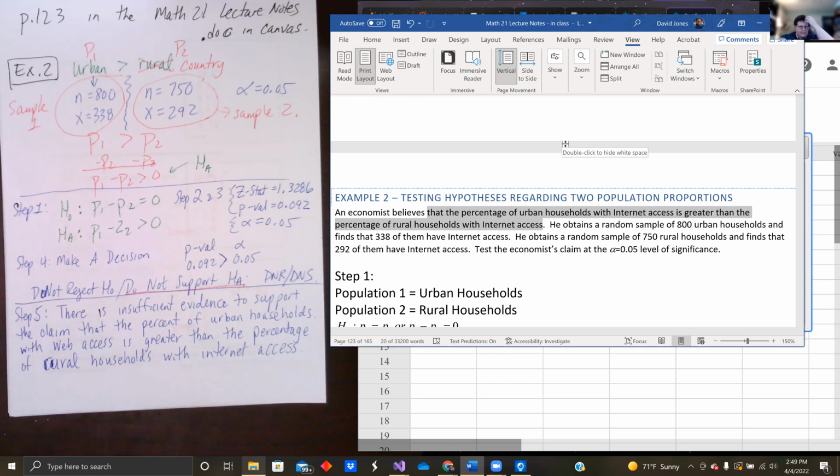We're going to do this exact same problem again, and I'm going to switch around which one's group 1 and which one's group 2. And I want you to see how the results change and why it's important to label things.